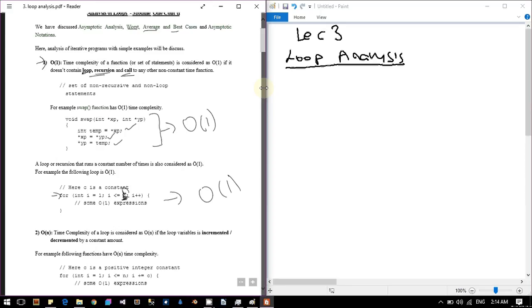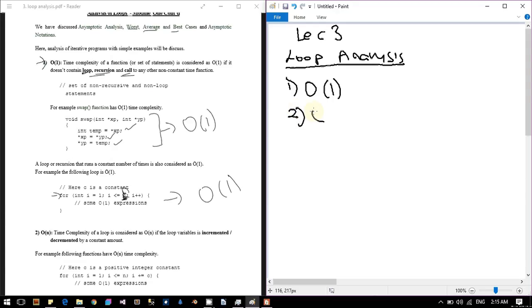C is a constant, so we know how long it's going to run. So rule 1 for an order 1 statement is that it doesn't have a loop, recursion, or function call, and even if it has a loop, the loop runs a constant time c.